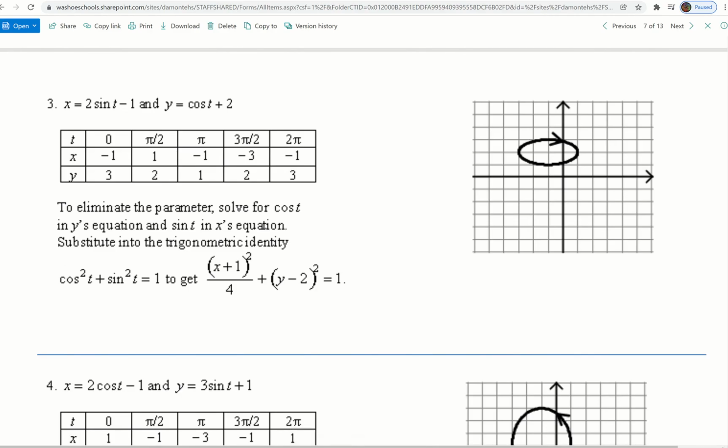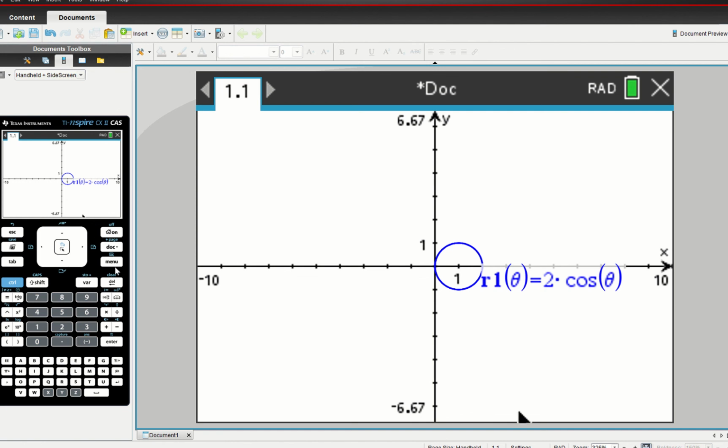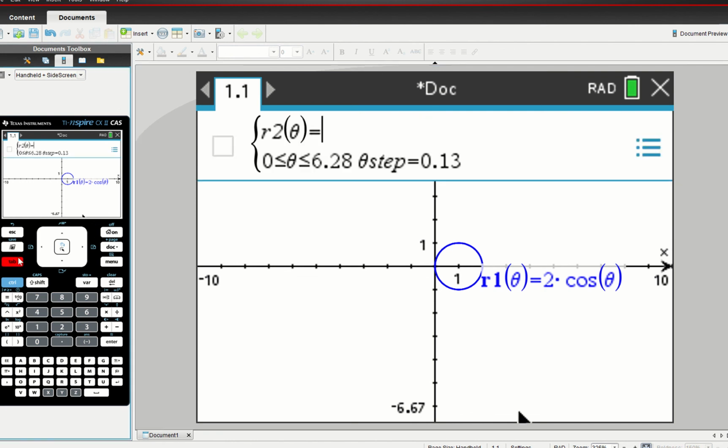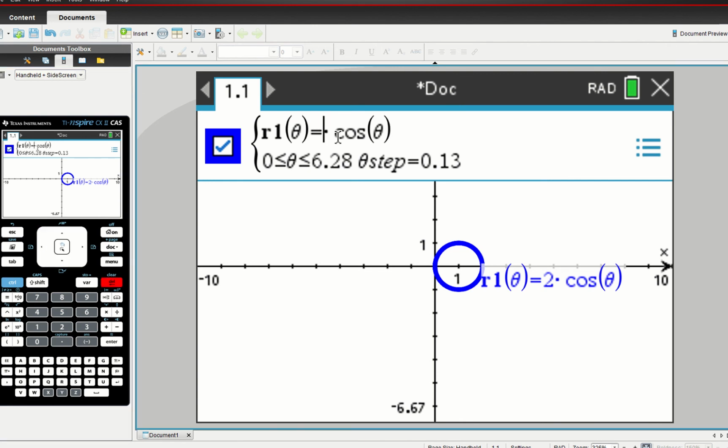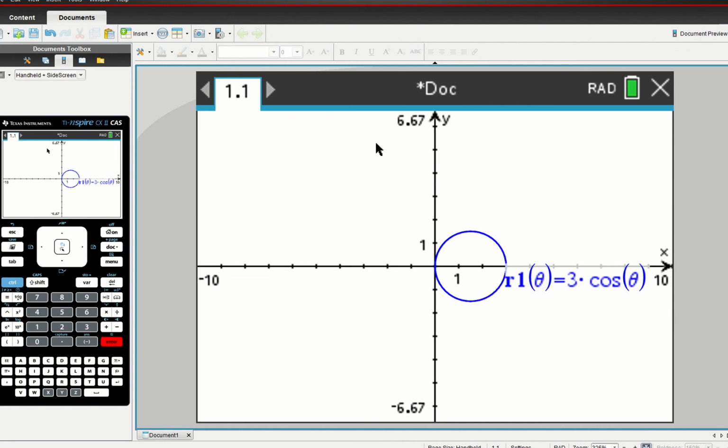Let me toggle over here. I'm going to go back to tab, and change my last one because it's still cosine. I'll just change that to a 3 and see what happens. You might notice it's still a circle that's symmetrical around the x-axis, but now its diameter is 3.